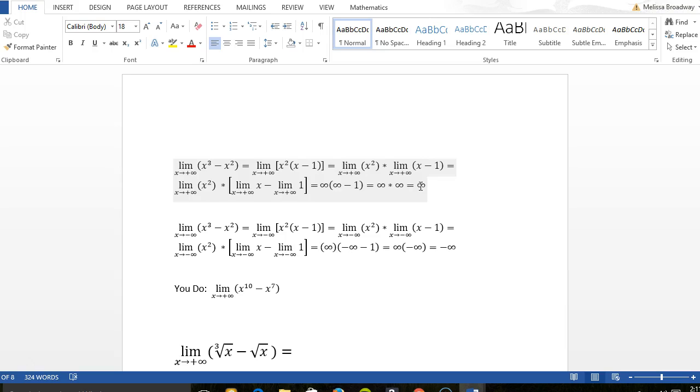And notice this would constitute neither a horizontal nor a vertical asymptote. It's not a horizontal asymptote because our final answer was infinity and not a finite number. It's not a vertical asymptote because we had to take x to infinity in order to get infinity.